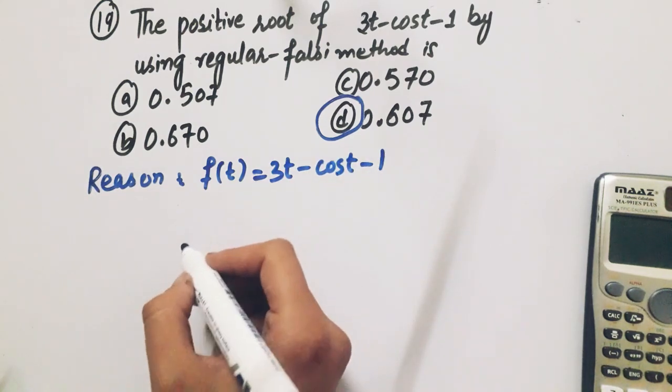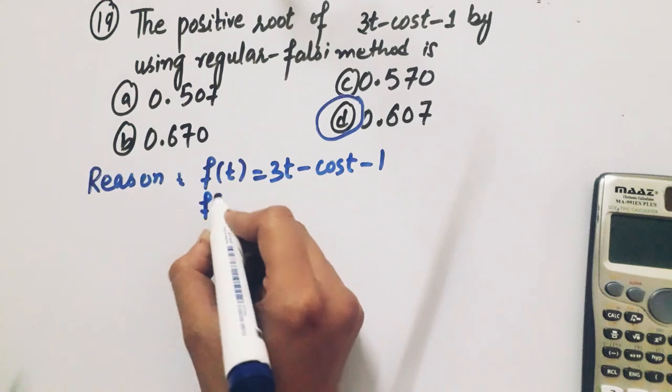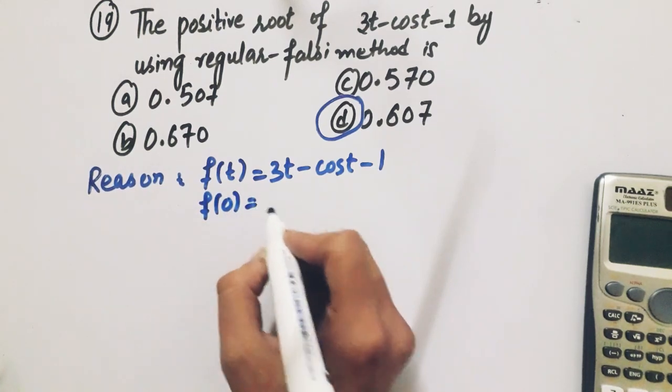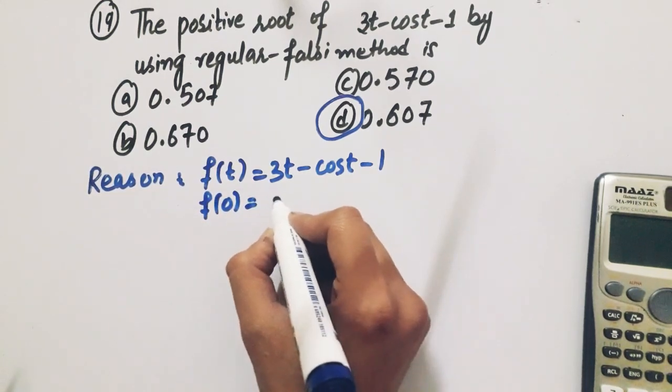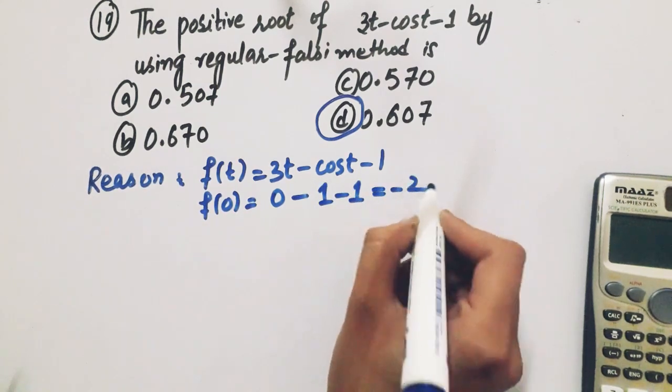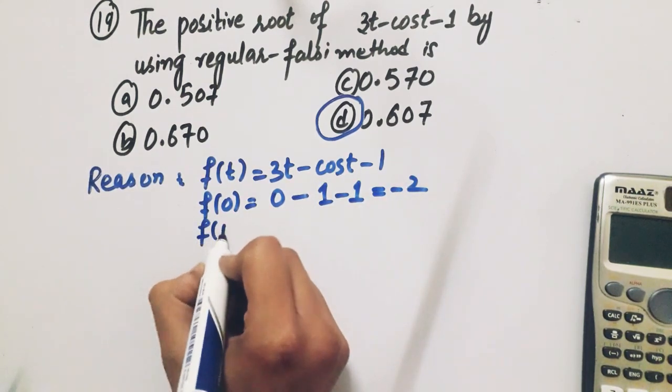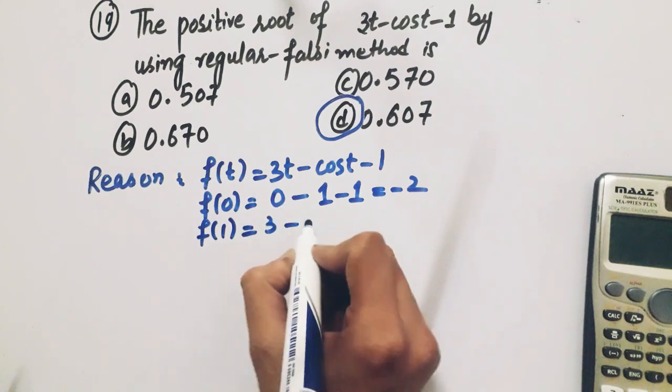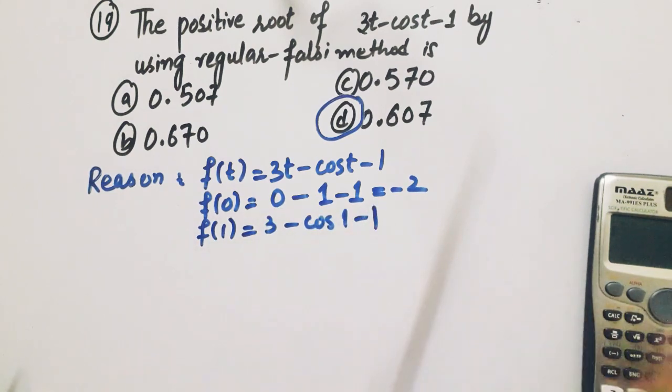Now put the value f of 0, which is 3 into 0 is 0, minus 1, which is equal to minus 2, and then f of 1, which is equal to 3 minus cos 1 minus 1.